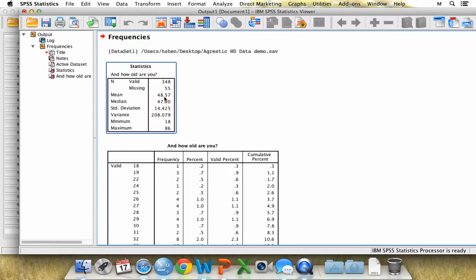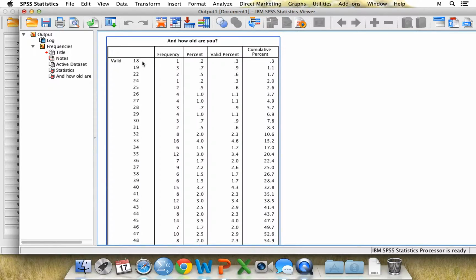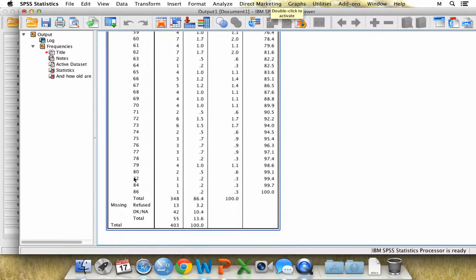Mean age is almost 49. And I have people from 18 to 86. 13 of them refused to answer and 42 found the question not applicable. So these 55 are coded as missing.